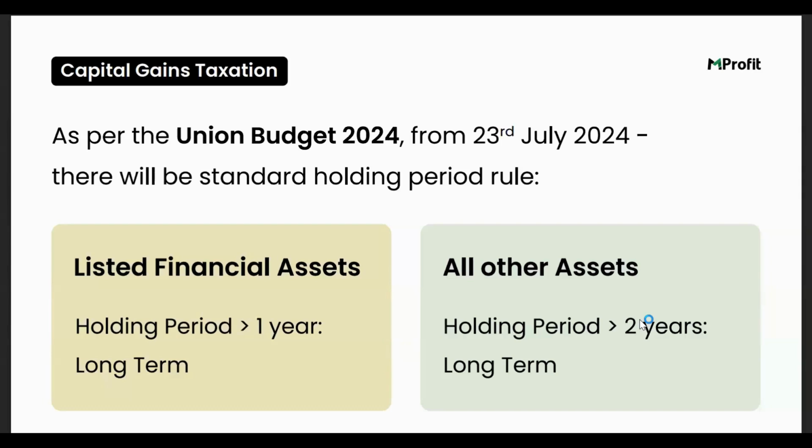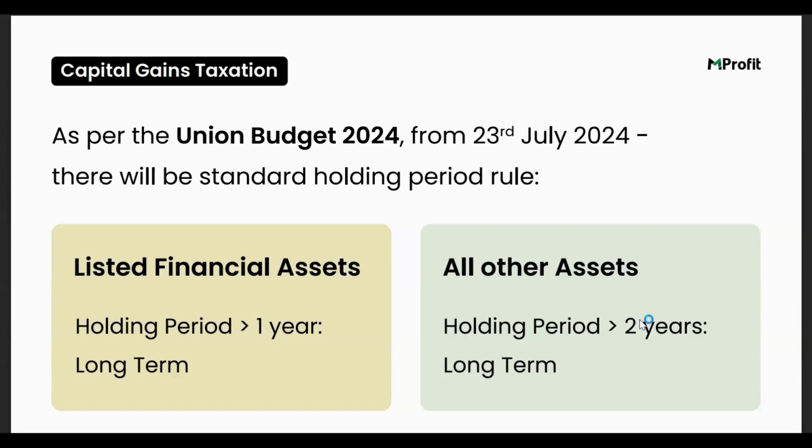That is, if you are holding any asset for a period of 1 year and selling it post 1 year, it will be classified as a long-term capital gain or loss. However, if you're selling it within 1 year, it will be classified as a short-term gain. This rule is for all the listed financial assets.